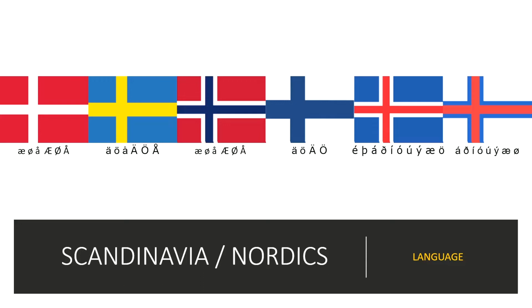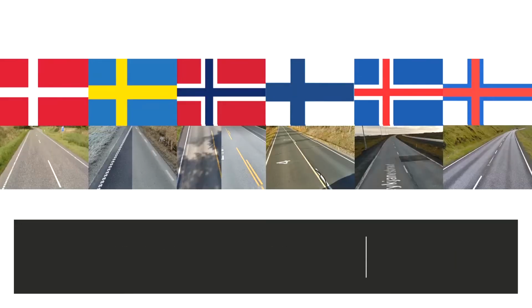So if you are between those two countries, you'll find an Ö and you will tell that you are in Sweden. Iceland and Faroes have quite the same amount. Ø is the difference between them, and the Ð and the Þ looking thing is also kind of the difference between them. Then we have the road lines.